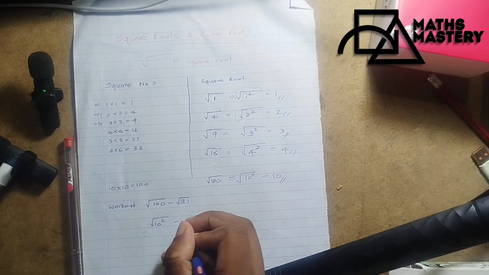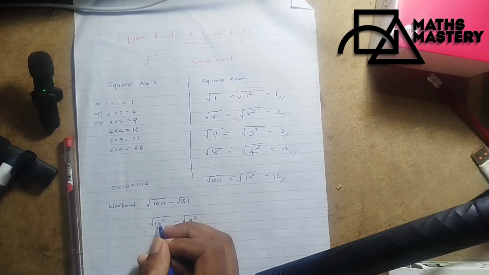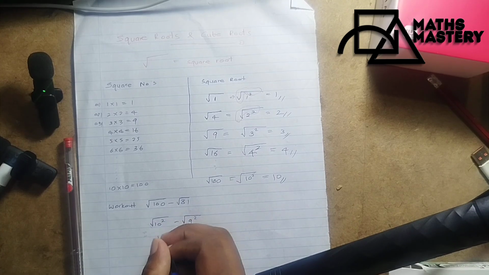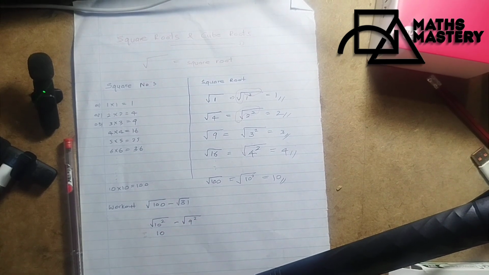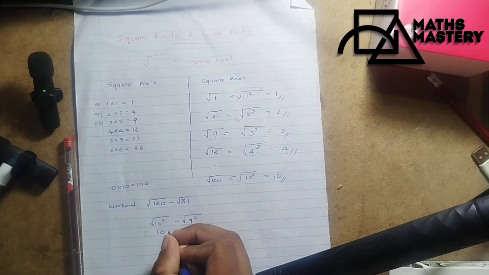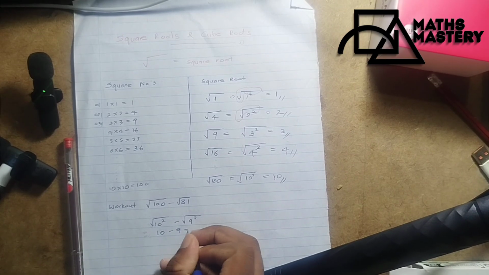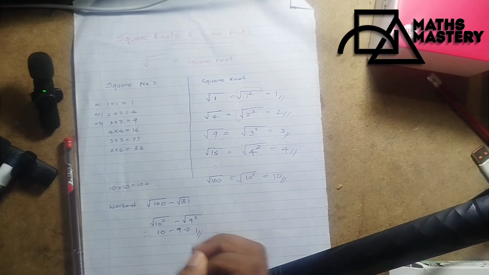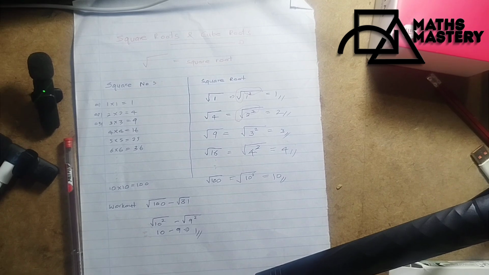The square and square root cancel off and you get 10, and here you get 9. So what is 10 minus 9? The answer is 1. This is the answer of worked example 1.1.